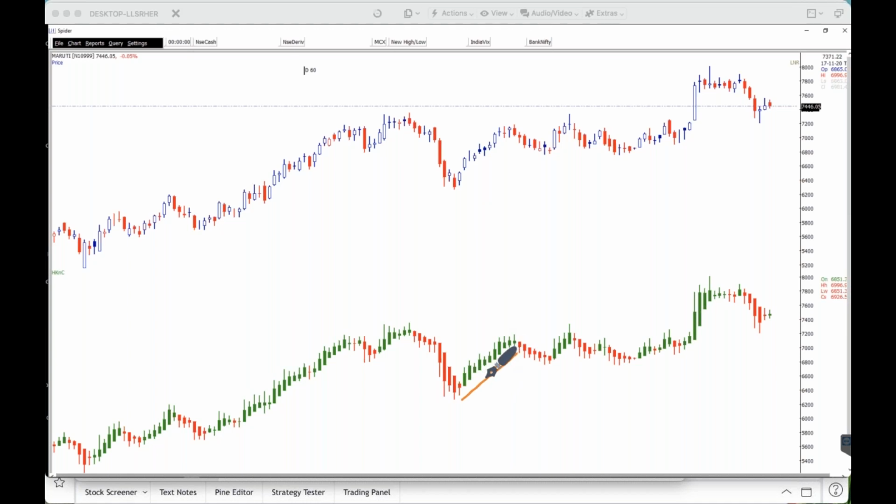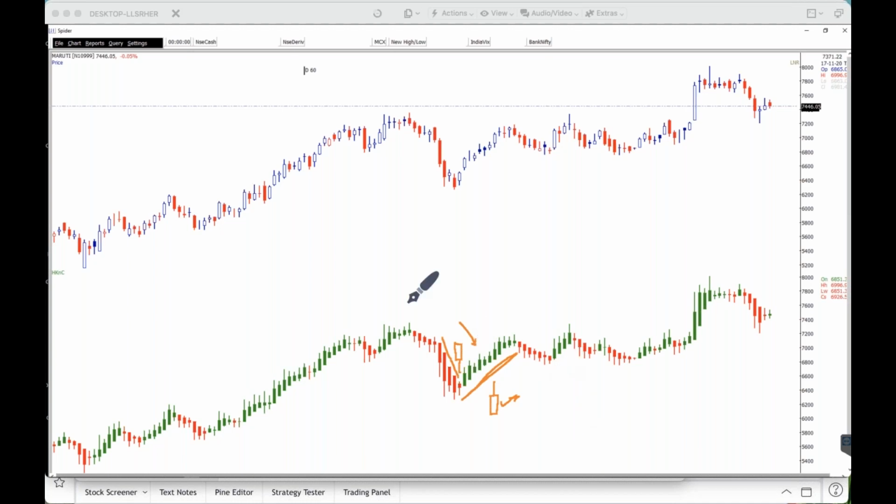You see, there are no lower shadows. When there is no lower shadow and the candlestick is green in color, like this, it is a sign of a strong uptrend. On the contrary, when there's no upper shadow and the color of the candlestick is red, like this, it is a sign of a strong downtrend.